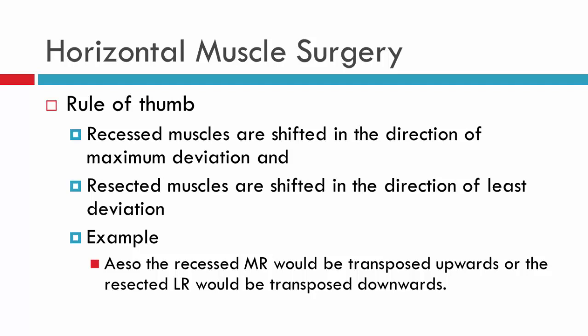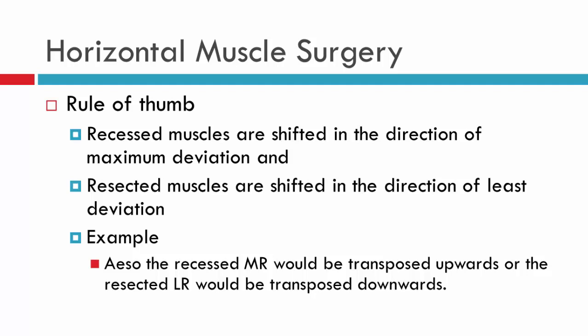Let's look at an example to make more sense of this. Let's say we have an A-ESO. Now, in the A-ESO, the esotropia is becoming worse in up gaze. Now, in order to deal with the ESO, we will weaken the medial rectus. Okay, so we'll recess the medial rectus, and the rule is that the recessed muscle is going to be shifted in the direction of maximum deviation.